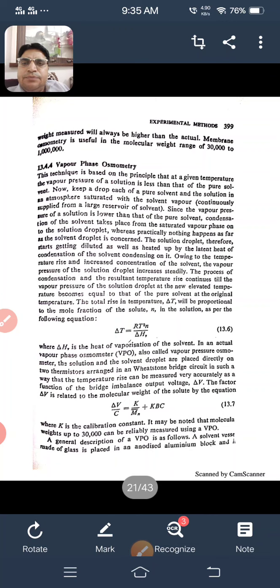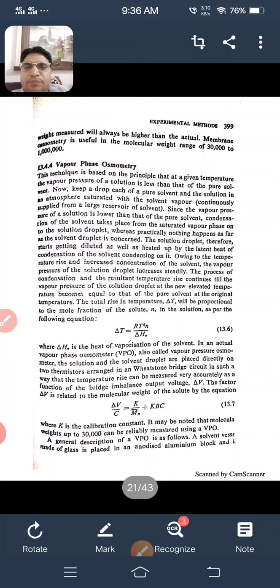This technique is based on the principle that at a given temperature the vapor pressure of the solution is less than that of the pure solvent. Now keep a drop each of pure solvent and the solution in an atmosphere saturated with the solvent vapor, continuously supplied from a large reservoir of the solvent.